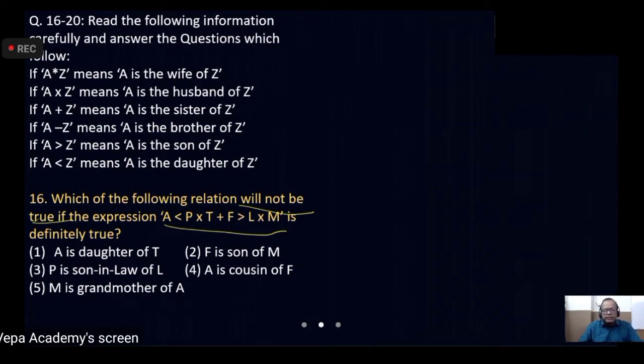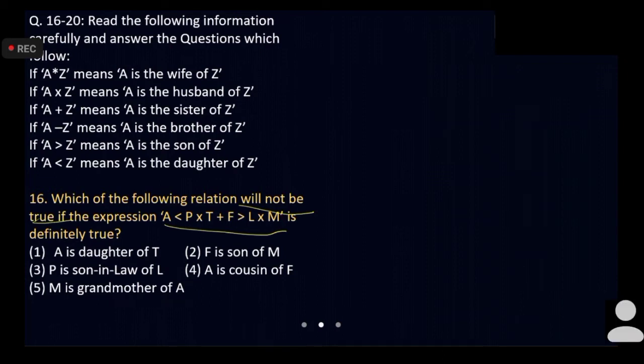Now let us understand. Can you decode it and please put it in your notebook? You decode the entire A less than P. Less than means now you refer only to daughter. So A is a daughter of P. Will you please write down like that first?